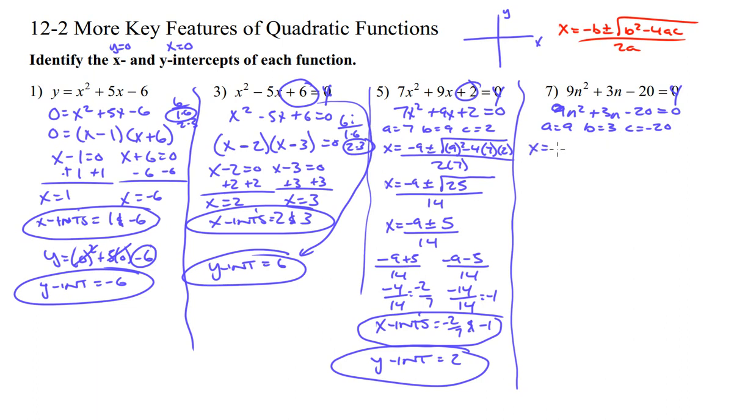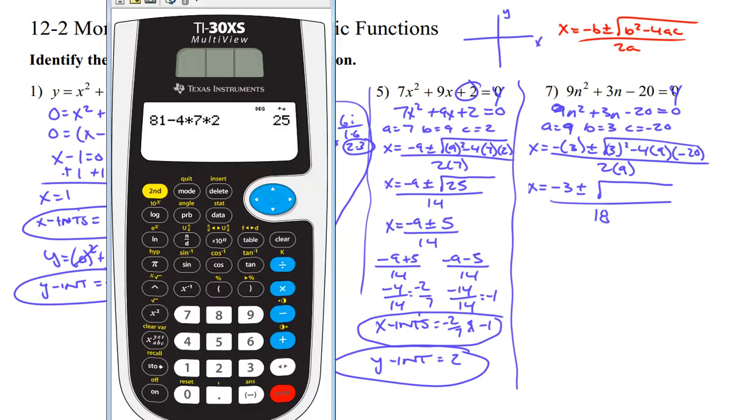So we get x equals negative 3 plus or minus the square root of 3 squared minus 4 times a, which is 9, times c, which is negative 20, all over 2 times a, which is 9. That's a 9, not an a. Okay, so we get x equals negative 3 plus or minus, and let's see what all that simplifies to, and 2 times 9 is 18.